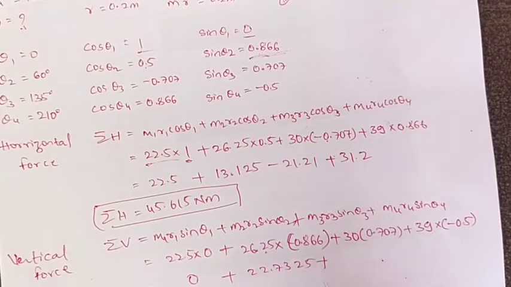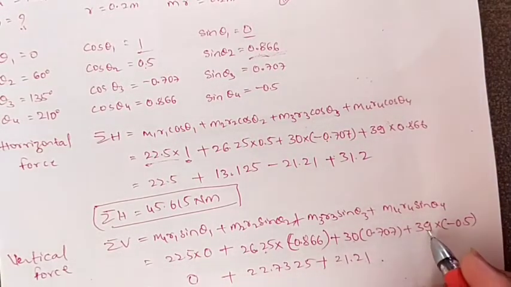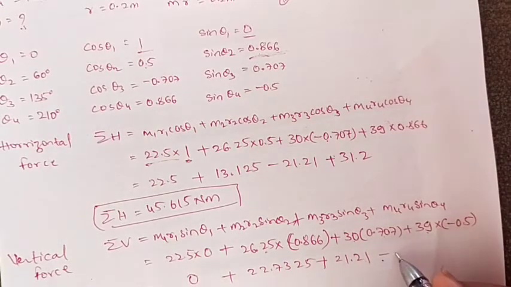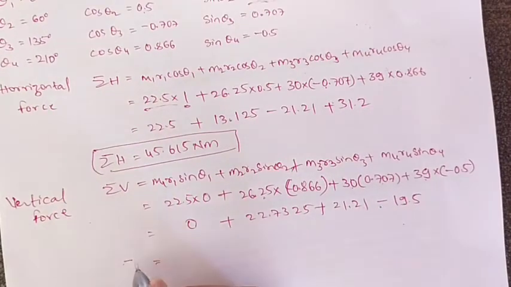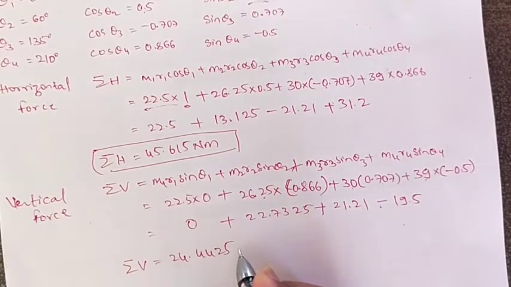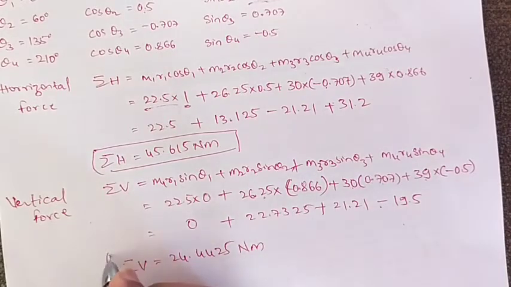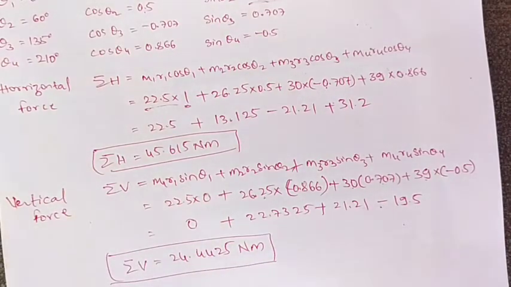Then plus 30 into 0.707 is 21.21, 39 into minus 0.5 is minus 19.5, and when you add all these values, the vertical component you will get is 24.4425 Newton meter. This will be the vertical component. So after getting the horizontal component and vertical component, you should find the resultant.